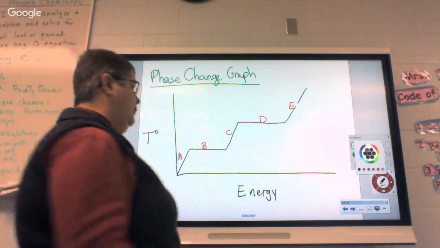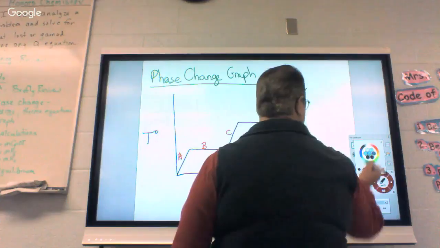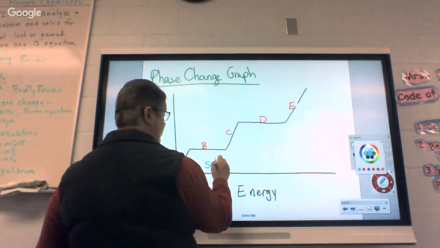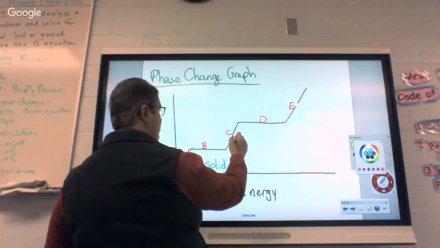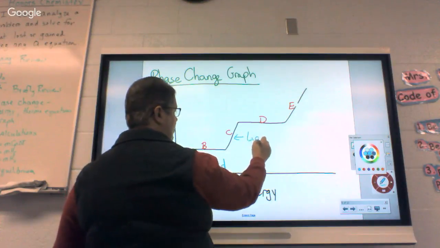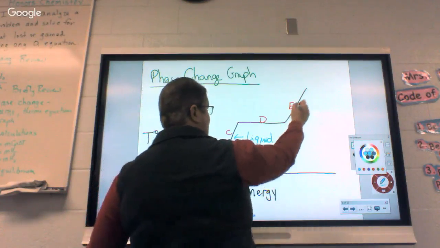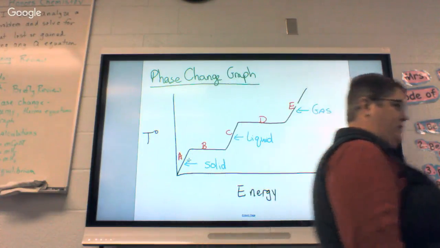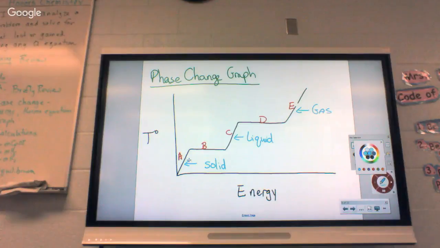That's it. Now, if we look here, this is the solid state. This is the liquid state. This is the gas. Now, tell me what all 3 of those states are doing based on the y-axis. They're being heated. The y-axis is temperature.